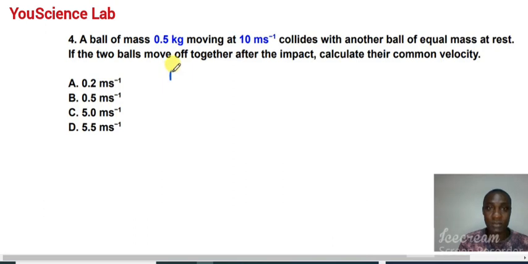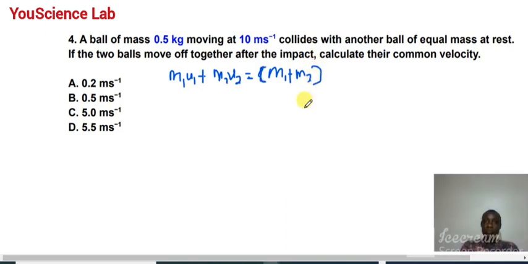We have M1 U1 plus M2 U2 is equal to M1 plus M2 times their common velocity V.